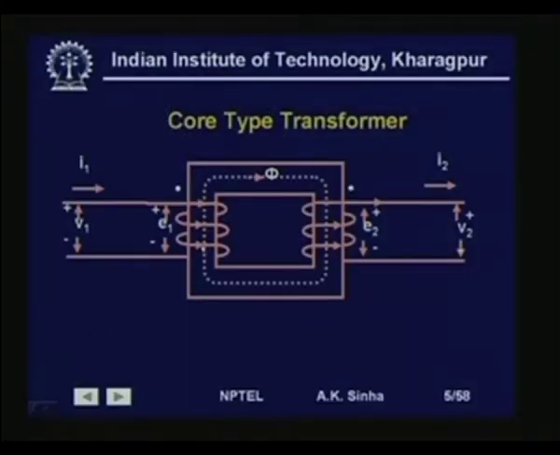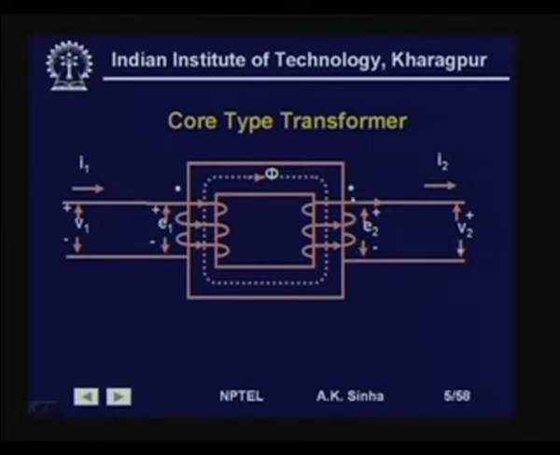If you see this transformer, here we are seeing that all the flux is going through the core, but some flux may be following this path on this side like this, here it will be like this, and similarly here it will be like this.